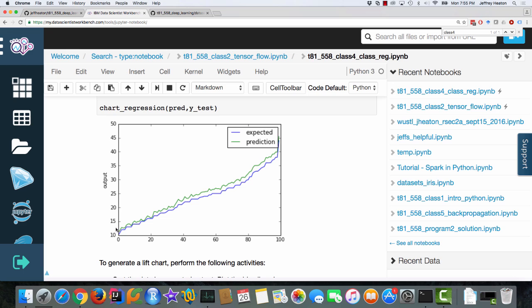The output is from 10, so I guess there were not any cars that had worse than 10 miles per gallon in that data set, up to 50. So regression is giving you a numeric value. The scale of the y always matches the same units that you're outputting.